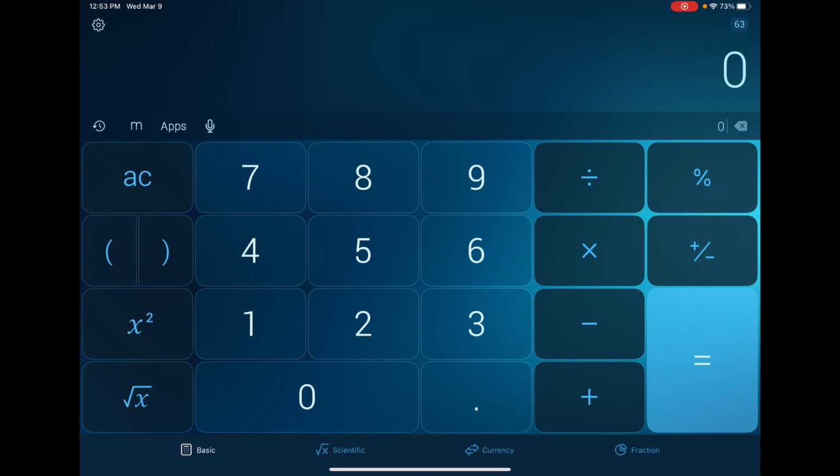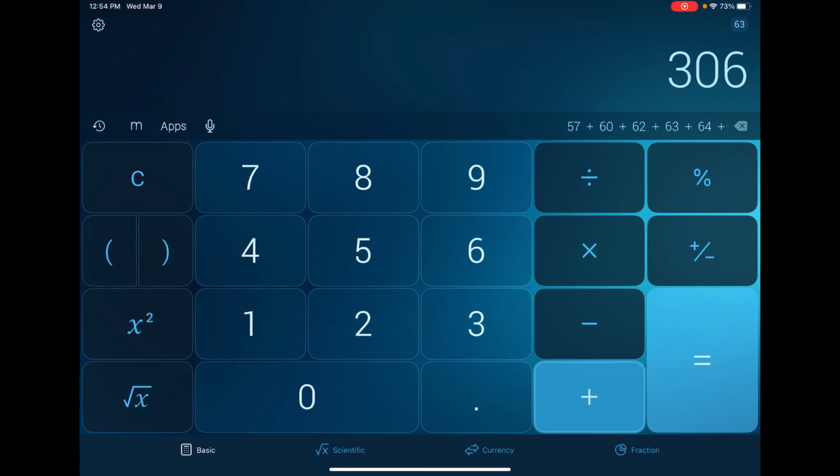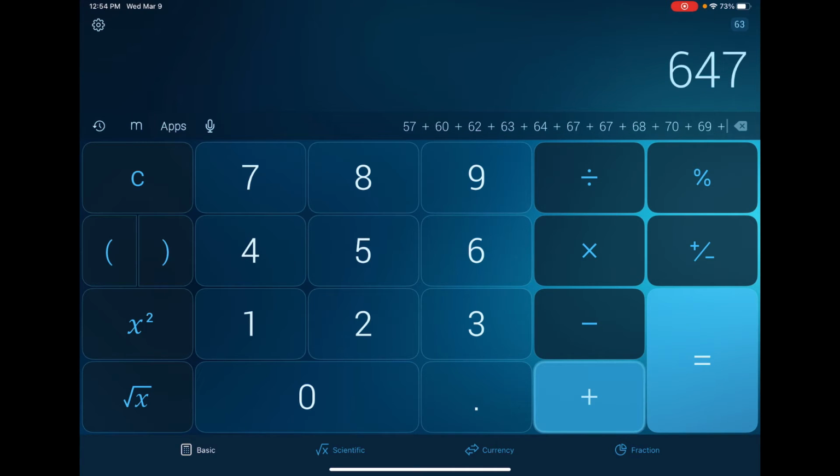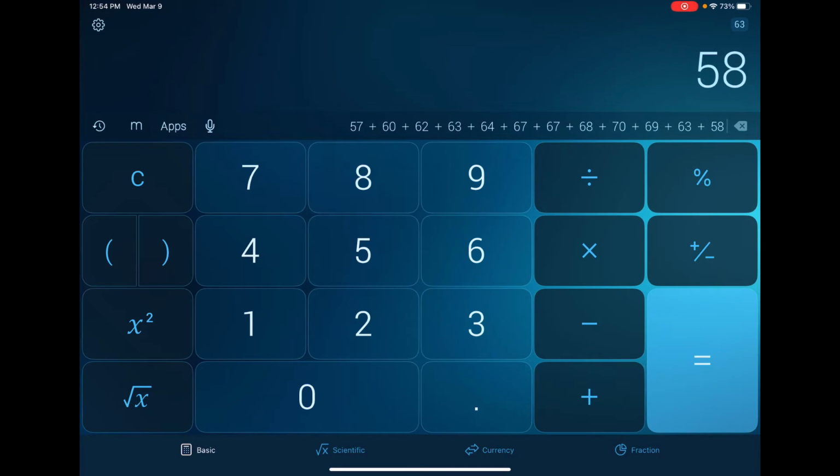So clear that out. We have 57 plus 60 plus 62, 63, 64, 67, another 67, 68, 70, 69, 63, and 58.